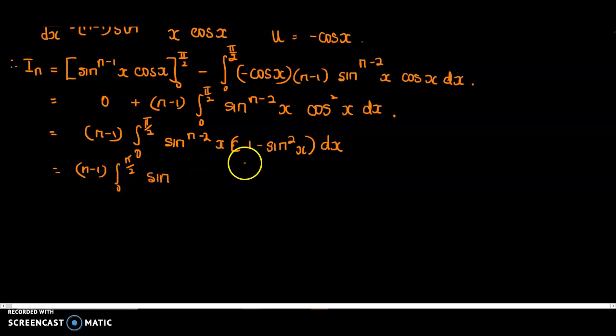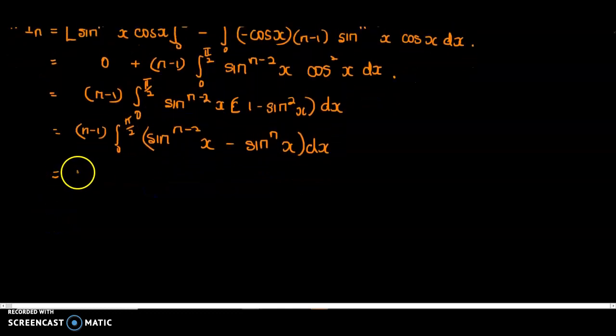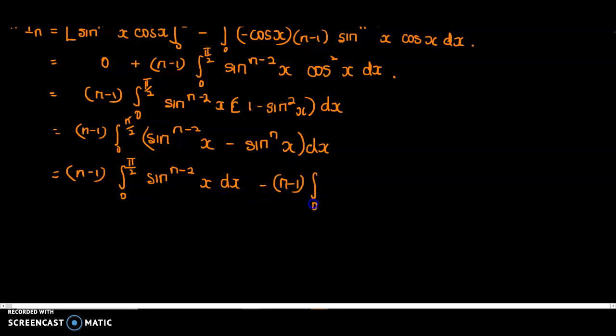This is sine n minus 2 when we expand the brackets minus sine n x dx, which works out to be n minus 1 times the integral between 0 and pi over 2 of sine n minus 2 x dx minus n minus 1 times the integral between 0 and pi over 2 of sine n x dx.